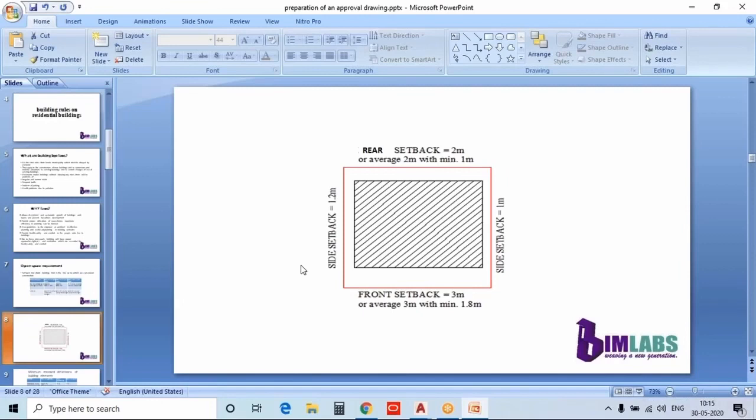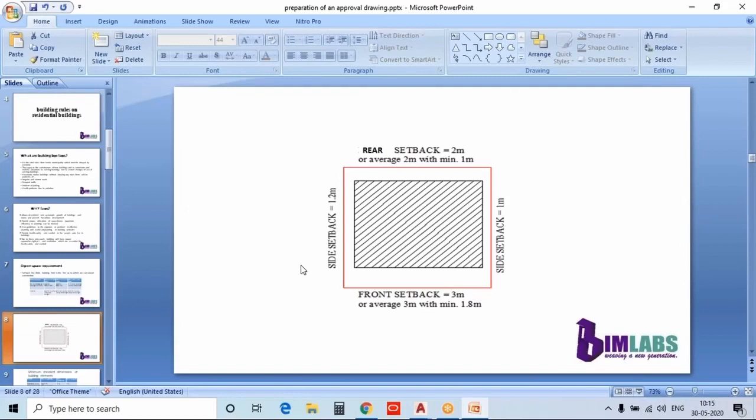Same as in the case of the front setback, if we cannot provide 2 meter parallelly from the plot to the building because the building is not parallel to the plot and is inclined, then from both corners of the rear side of the building, the average of the distances up to the plot should be a minimum of 2 meter with a minimum of 1 meter.